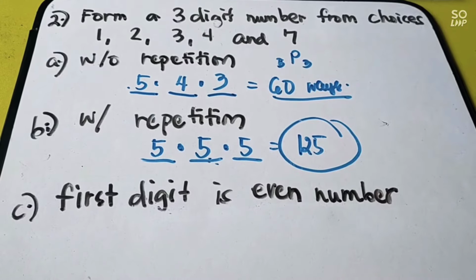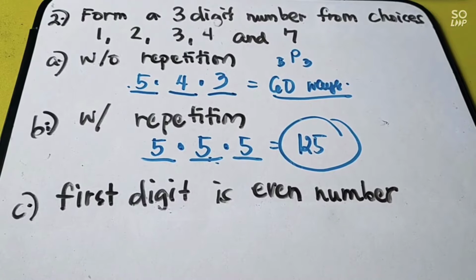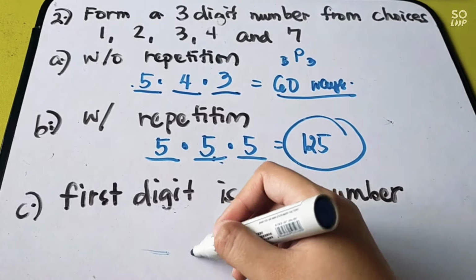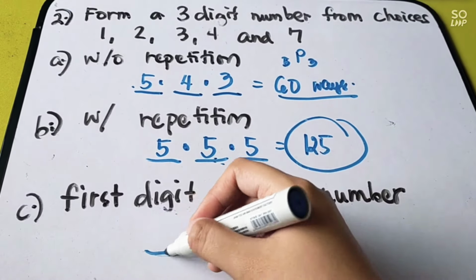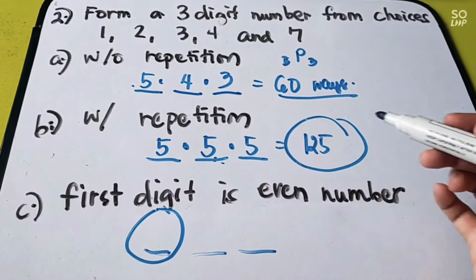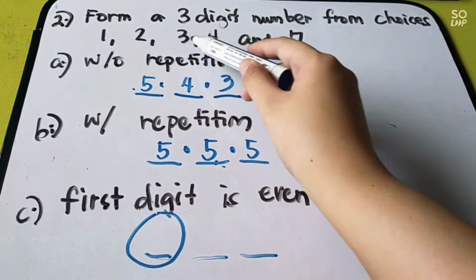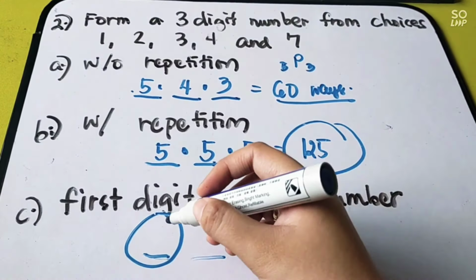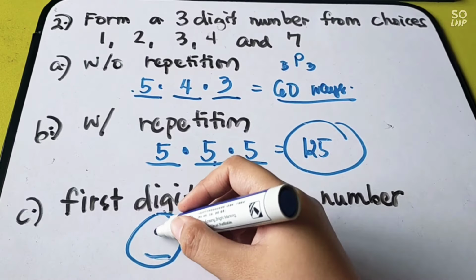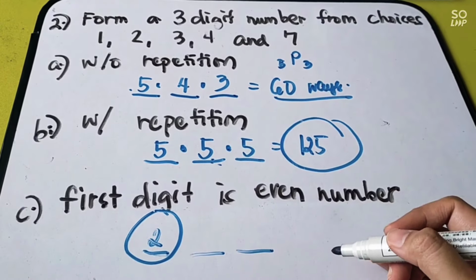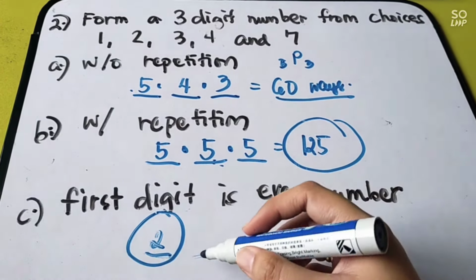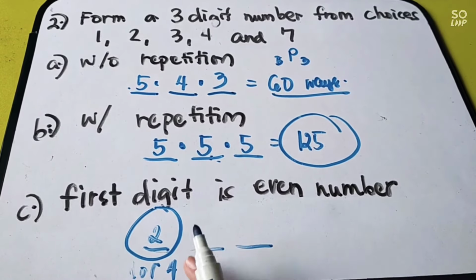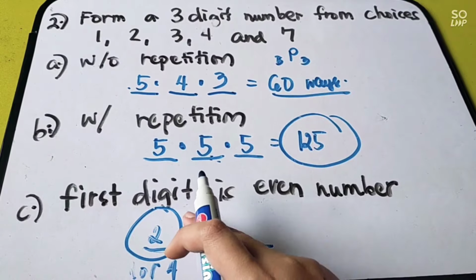Okay? Letter C. First digit is even number. So, we have 3 digits again. Sabi niya, yung first digit niya is even number. So, it's either 2 or 4. So, ilan yung even natin pwede maging possible digit? We have dalawa, which is 2 and 4. Now, meron ka na isang number dito.